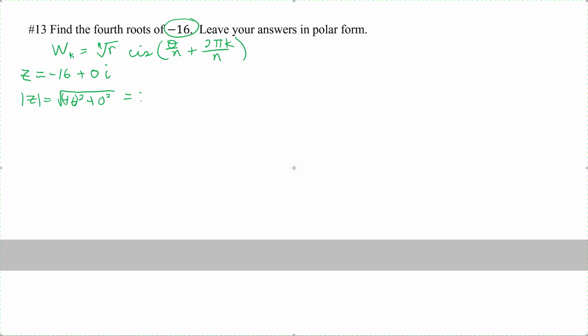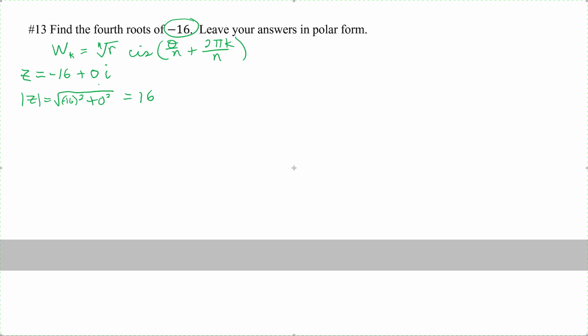And we're going to end up with the modulus being equal to 16. Okay, so we have the modulus of z. I did that kind of sloppy there, so let me fix that. We have the square root of negative 16 squared plus 0 squared, and you would get 16 there for the modulus.